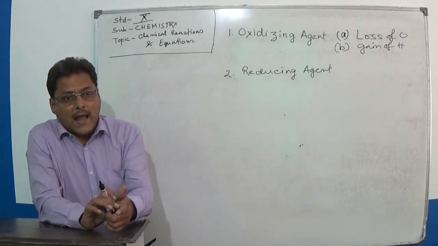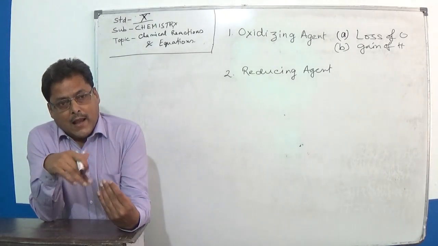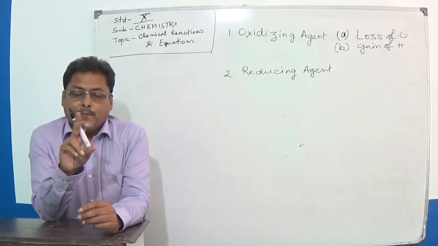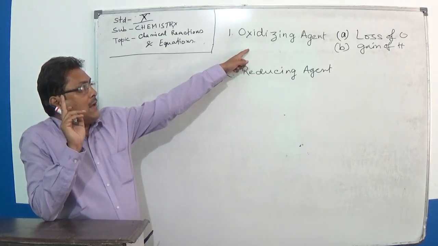The substance that in a redox reaction helps either in the loss of oxygen or in the gain of hydrogen is an oxidizing agent.